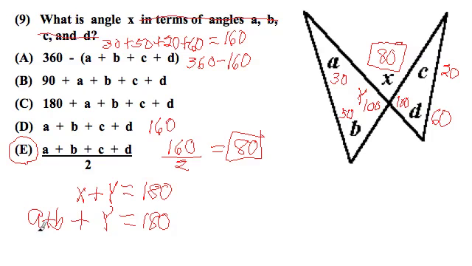So what does that tell us? That x has to be equal to a plus b. And that's the rule: an exterior angle is equal to the sum of the opposite interior angles.